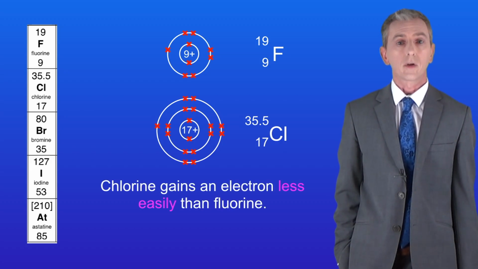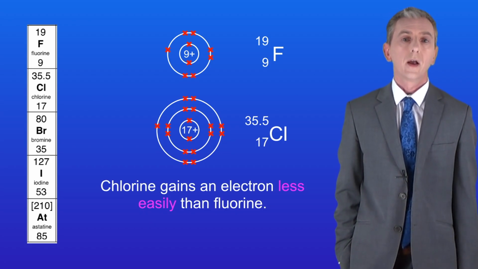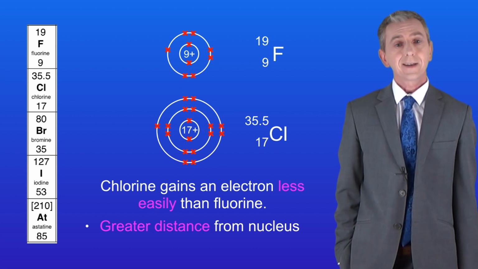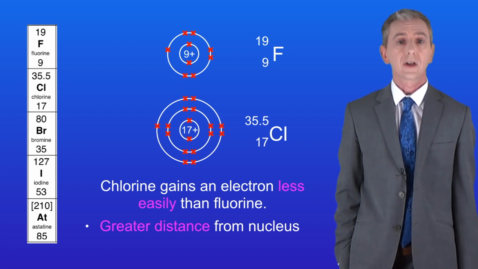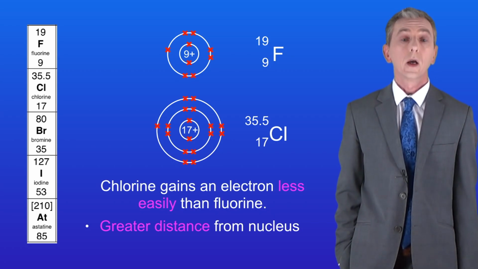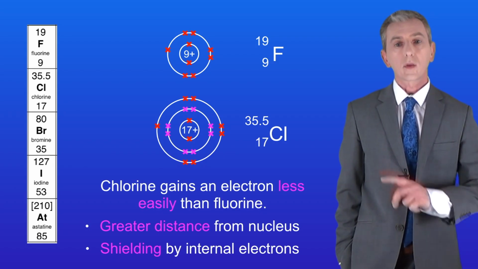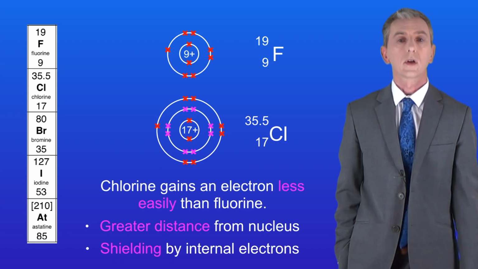Chlorine gains an electron less easily than fluorine, and there are two reasons for this. The first reason is that there's a greater distance between the outer energy level and the nucleus in chlorine than there is in fluorine. Also, in chlorine, the outer energy level is shielded from the positive charge of the nucleus by these internal electrons.